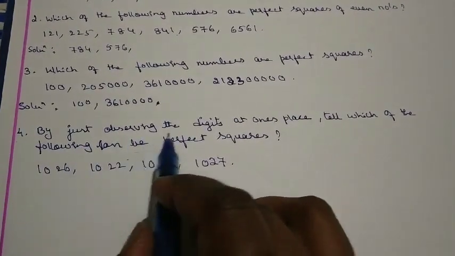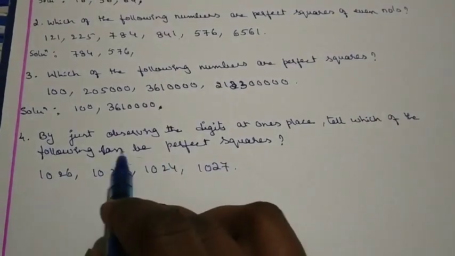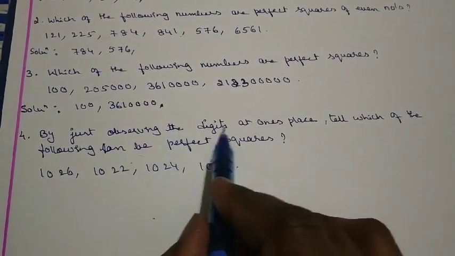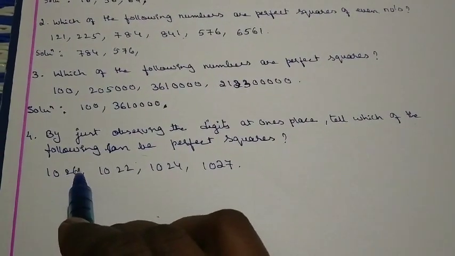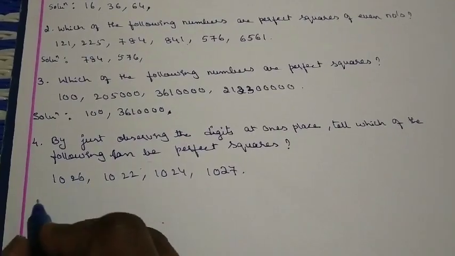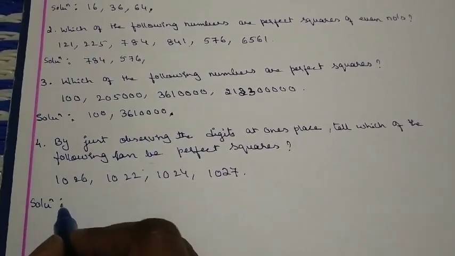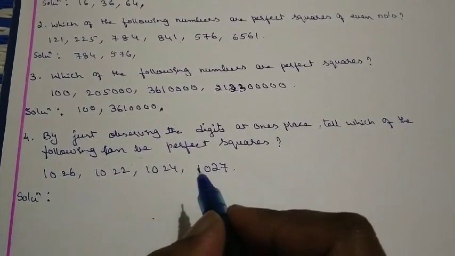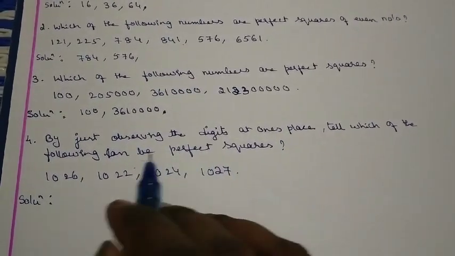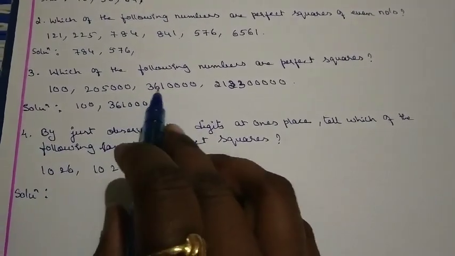Fourth question. By just observing the digits at the ones place, tell which of the following can be perfect squares. Just observing the digit in the ones place, we need to say whether it can be a perfect square. We know that if a number ends with 2, 3, 7, 8 in the ones place, it cannot be a perfect square, or with an odd number of zeros.